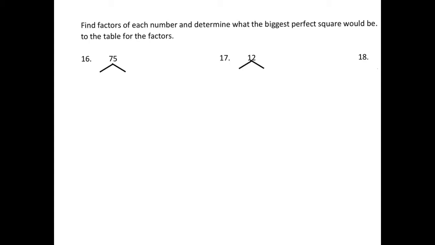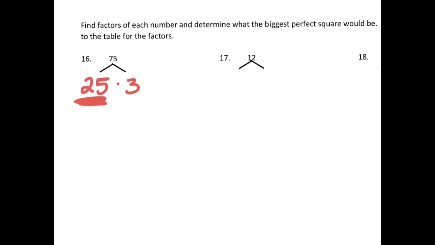So this is why we need to know our square roots exactly. I know that 75 can be changed into 25 times 3. Why is that an important thing? Because I know that 25 is a number whose square root I can find.